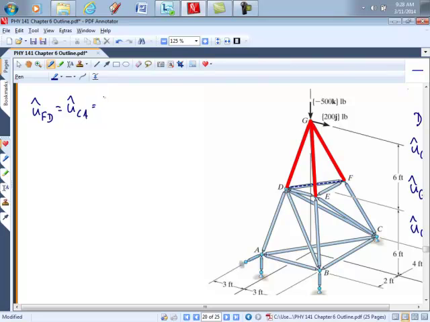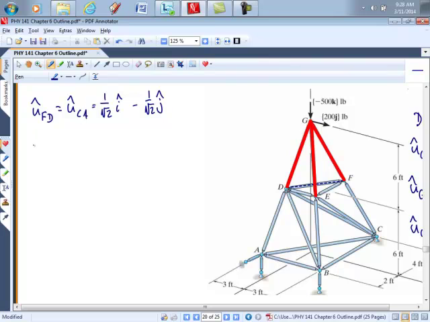Right. One of those is minus. We're moving in the negative y direction.